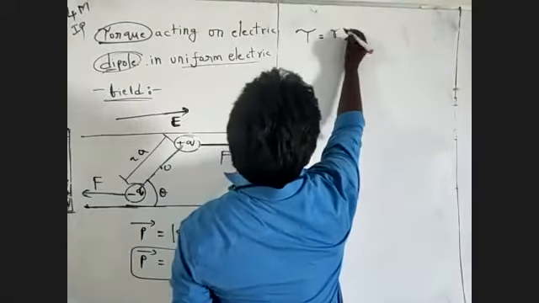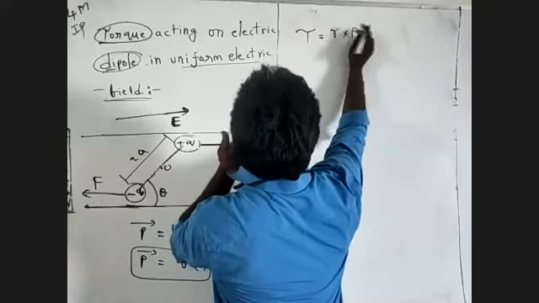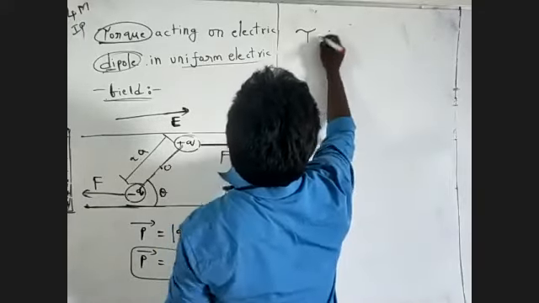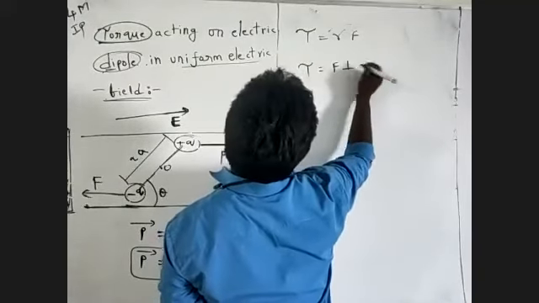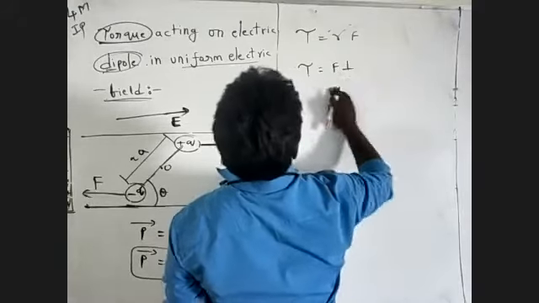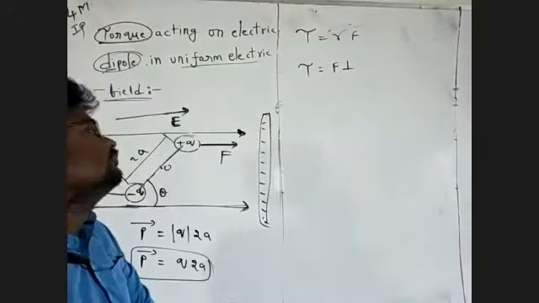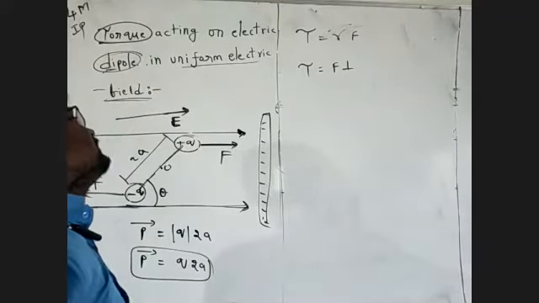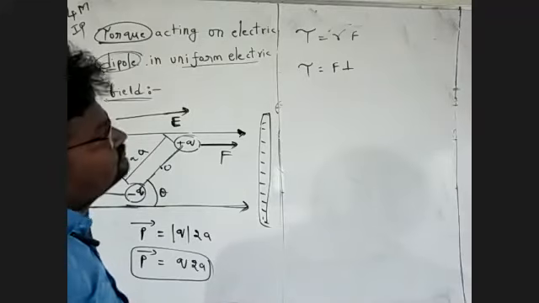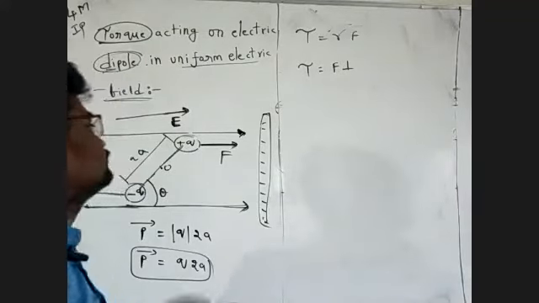Torque is what we are calling tau. Tau means force into the perpendicular distance between the two forces.